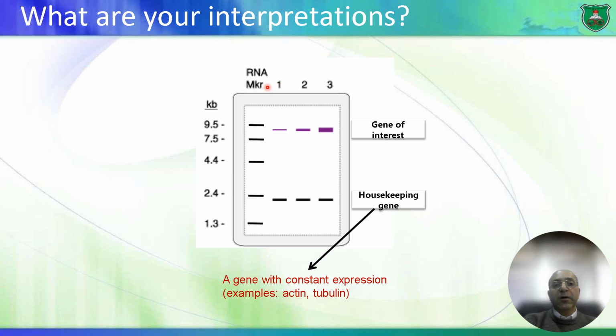We use, let's say, 10 microliters here, 10 microliters here, 10 microliters here. So there is no variation in the volume or the concentration of these samples. We use the same concentration, and this is evidenced by the equal amount of housekeeping gene messenger RNA in the 3 samples, and the increase in the intensity is a reflection of increased expression of that particular gene.